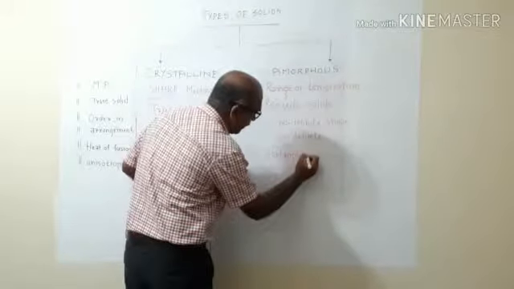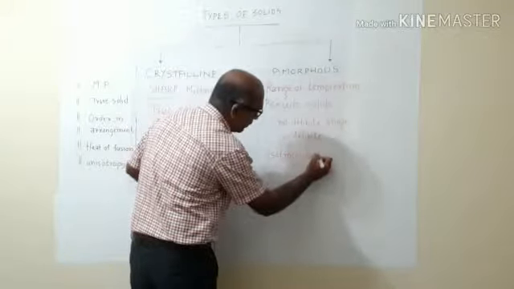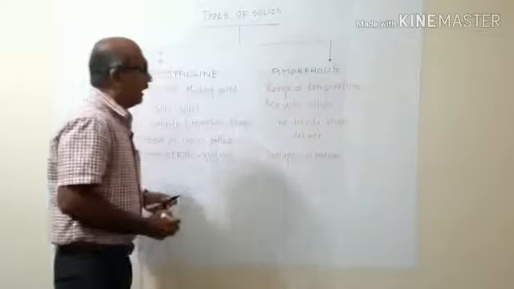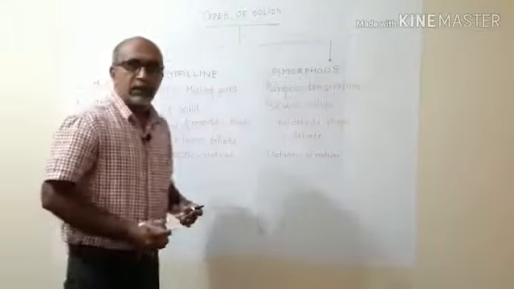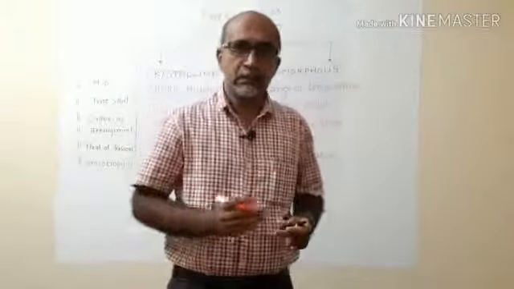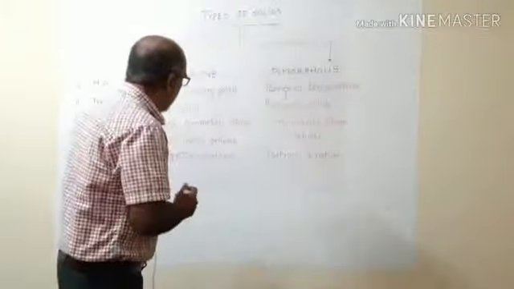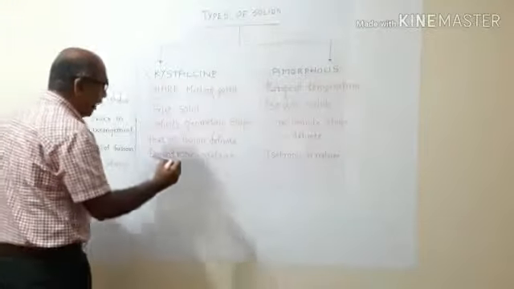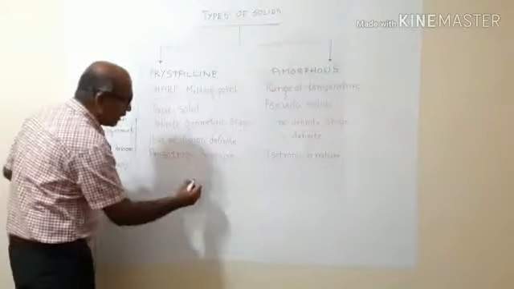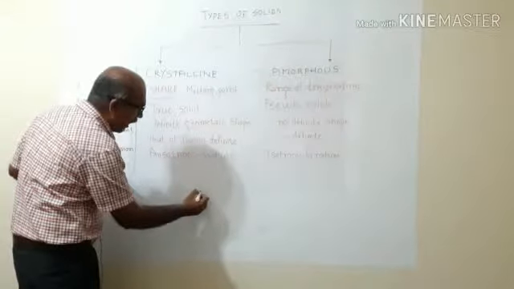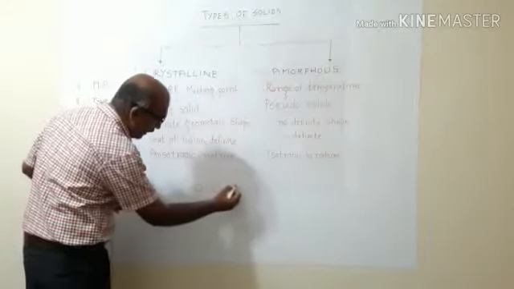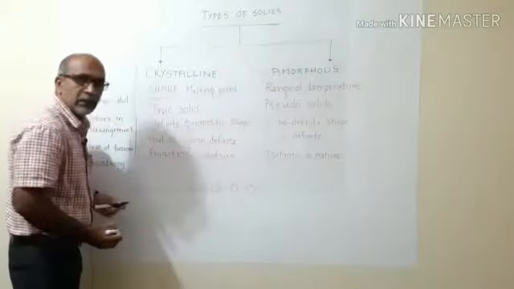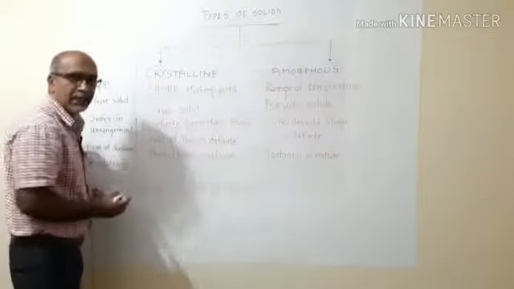What is anisotropic? For example, we already know that the molecules are arranged in a particular fashion in crystalline solids.